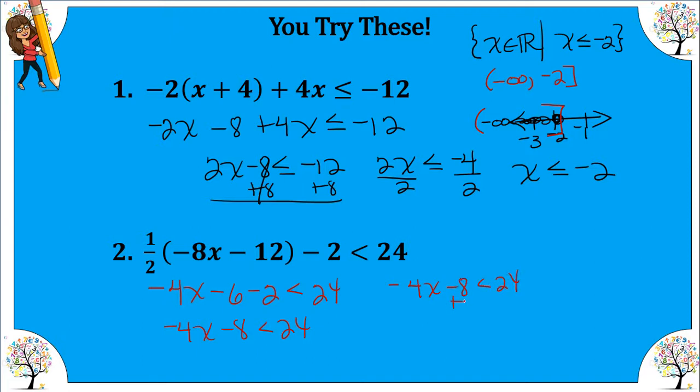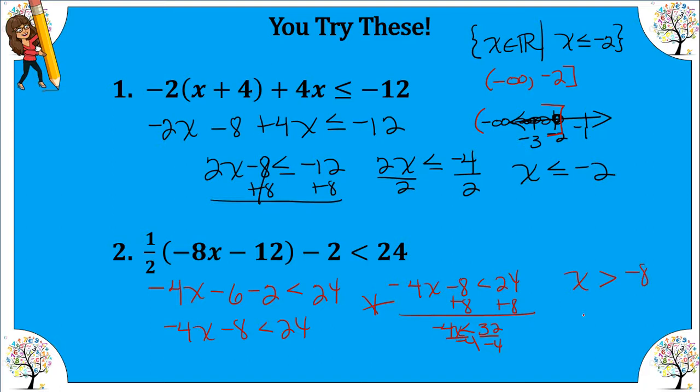We're going to add 8 to both sides. We get negative 4x is less than 32. We're going to divide each side by negative 4. I'm going to star this one, and this is going to give us, oops, I forgot my x, guys. Sorry about that. So this is going to give us x is greater than negative 8.